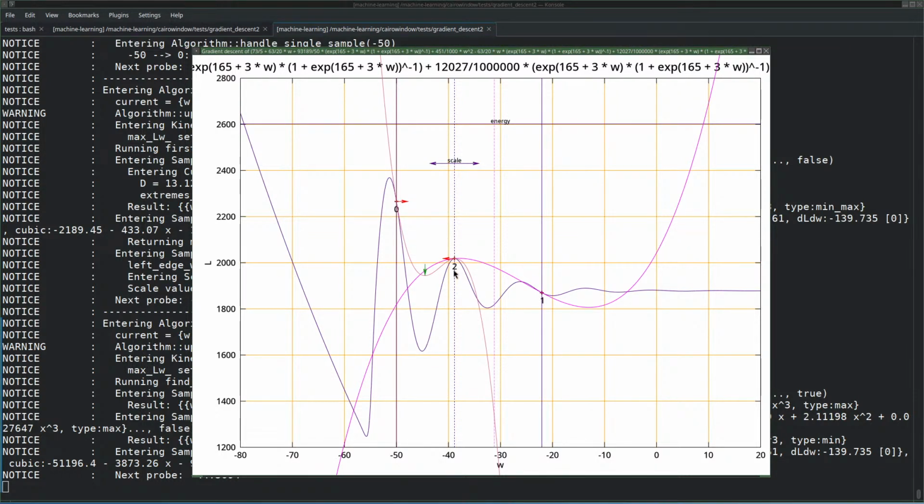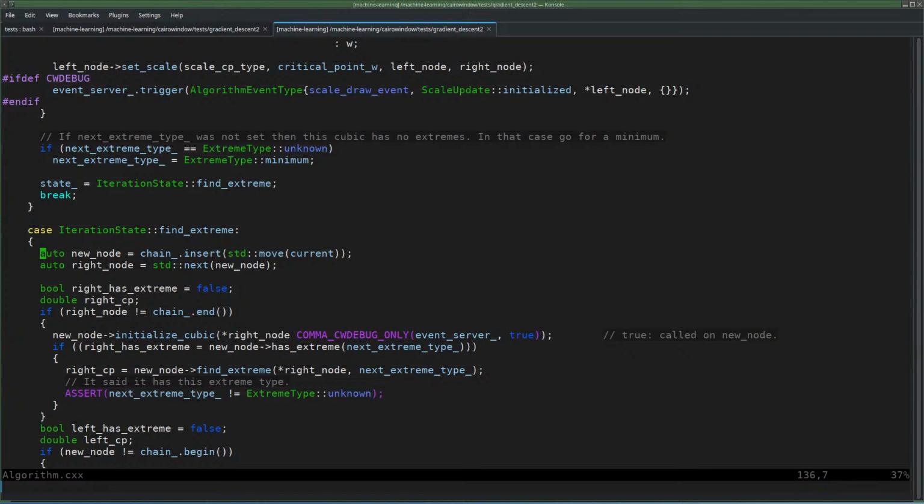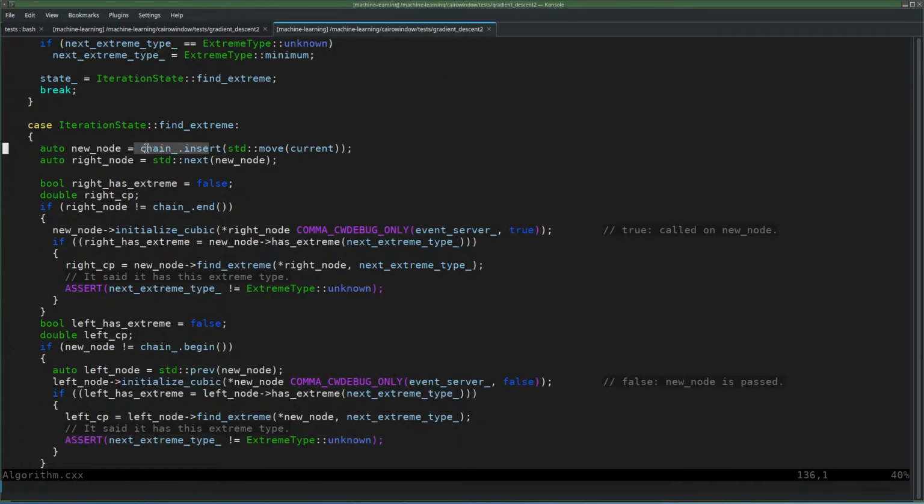The moment that point 2 comes in, then we are at find extreme, or what was it called? That would be this one. So point 2 is inserted in the chain, so now we have 3 points in a row. And it turns out to be in the middle of 0 and 1.